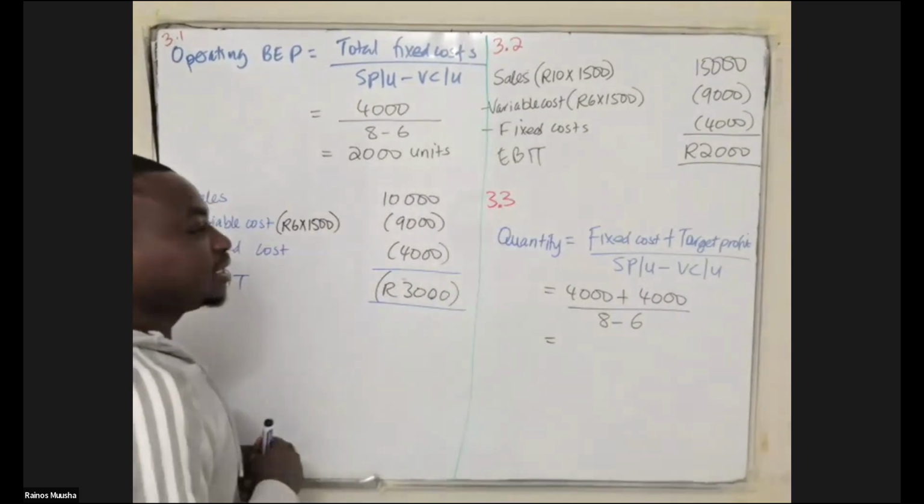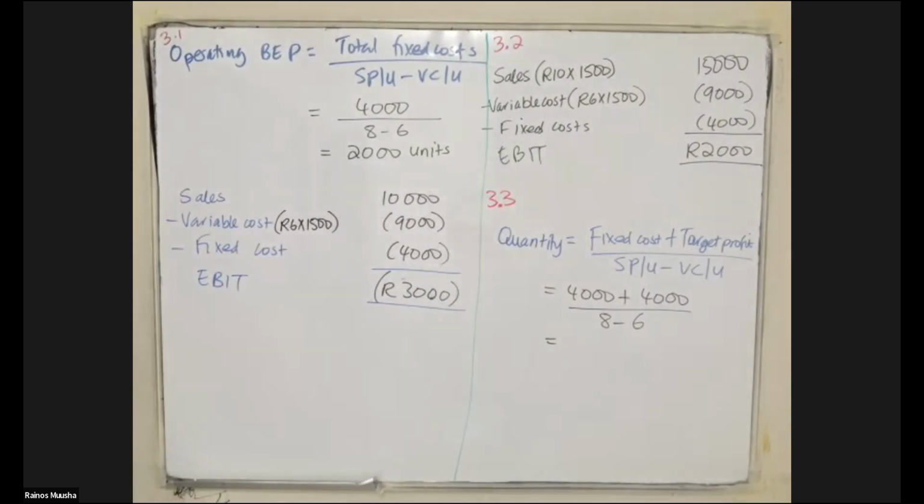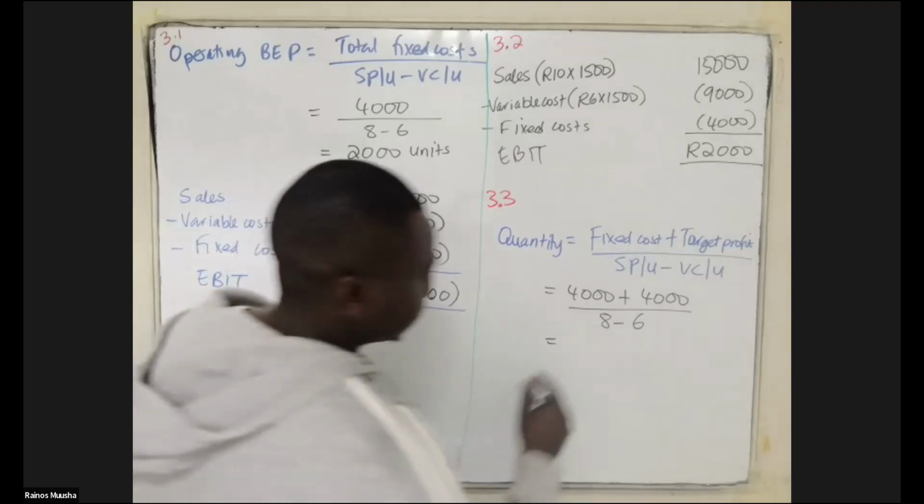So what quantity enables us to generate that target profit? It's 4,000 units.